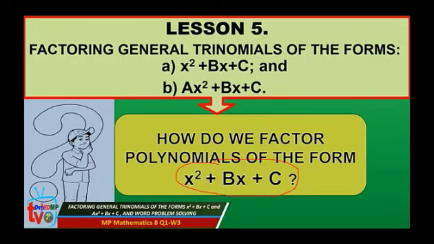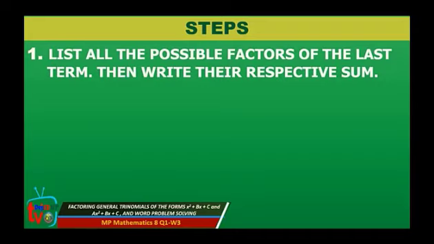I crafted 3 easy steps to follow. First, we need to list all the possible factors of the last term. Then, write the respective sum. Let's have example number 1. Let's factor x squared plus 7x plus 12.